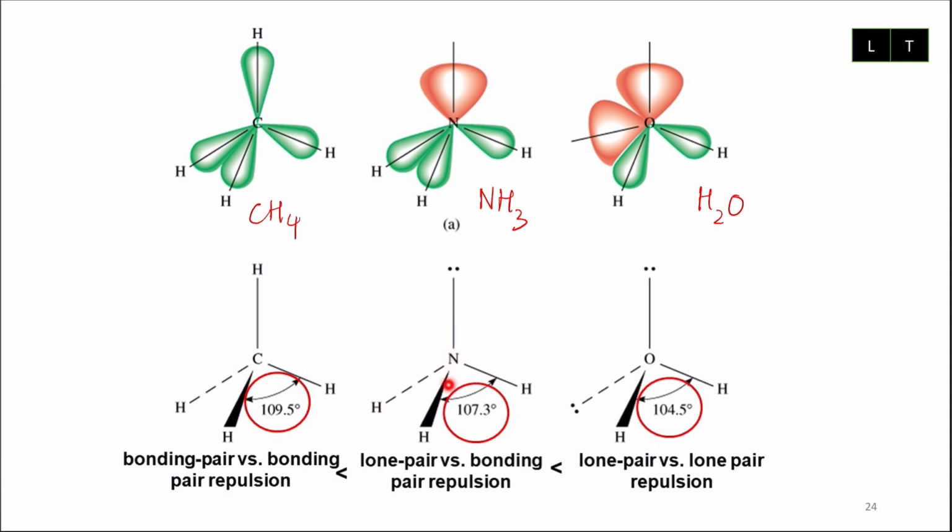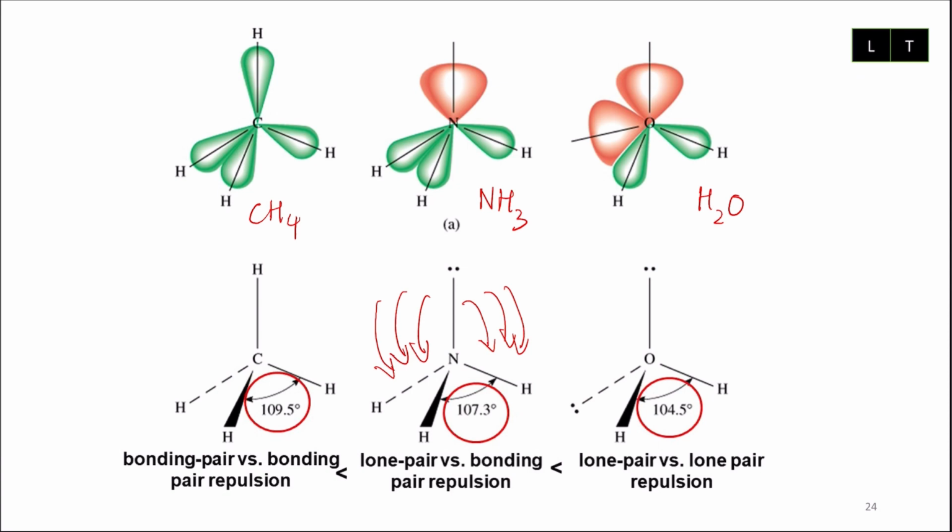Tapi kerana NH3 mempunyai lone pair, so lone pair with bonding pair ada stronger repulsive forces berbanding dengan bonding pair with bonding pair. So that is why this one akan makin tolak. And this one pun makin tolak. Sampailah bonding pair awak bukan lagi 109.5 tapi dia mengecil menjadi 107.3.